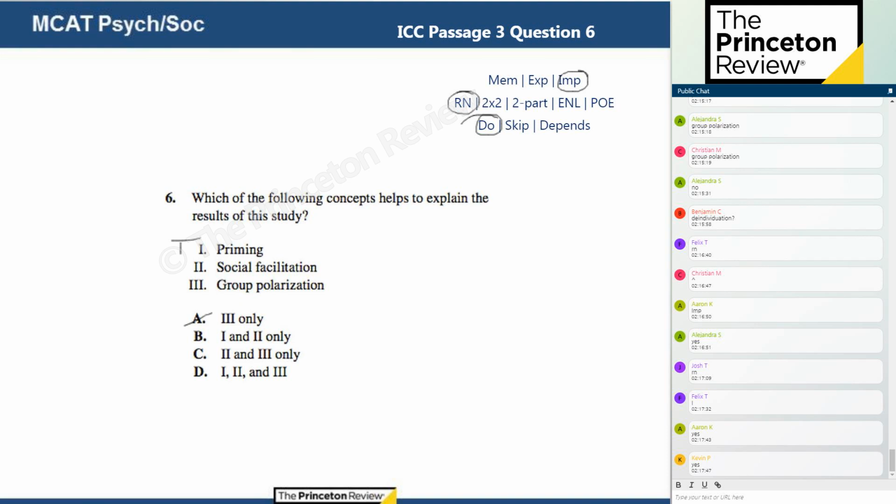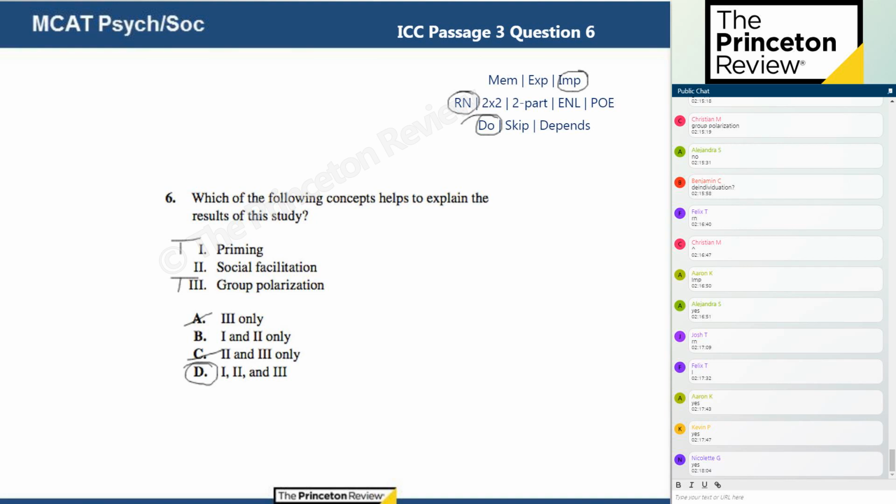So we can eliminate A, we can eliminate C. Let's evaluate Roman numeral 3 next. Was group polarization part of this study? Yeah. So our answer, ladies and gents, is D.